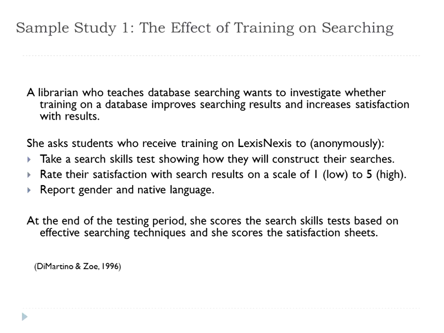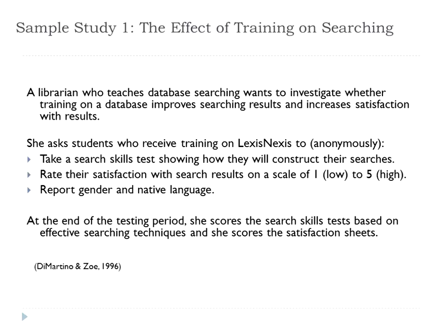So after that training on LexisNexis, she asks them to, 1, take a search skills test showing how they will construct their searches. And she scored those. 2, rate their satisfaction with search results on a scale of 1 low to 5 high. 3, she asked them to report both their gender and their native language on those tests that they took.